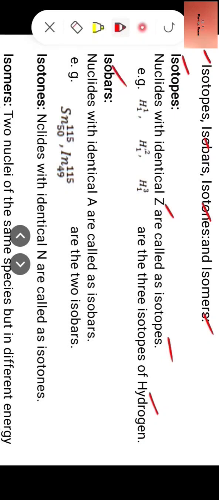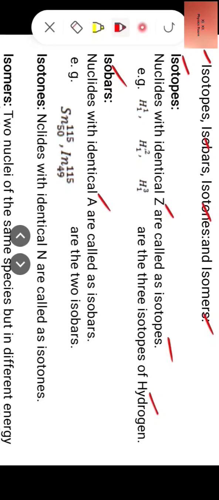Isobars. Now what are isobars? Nuclides with identical A are called as isobars.